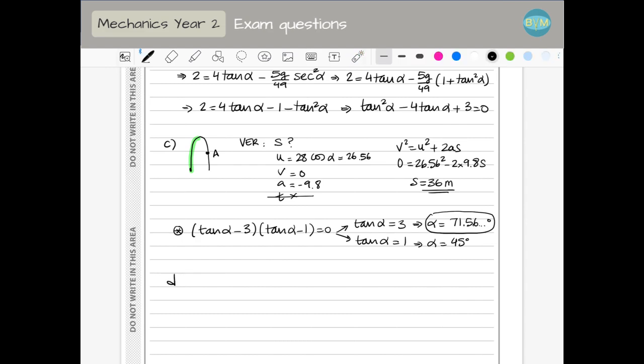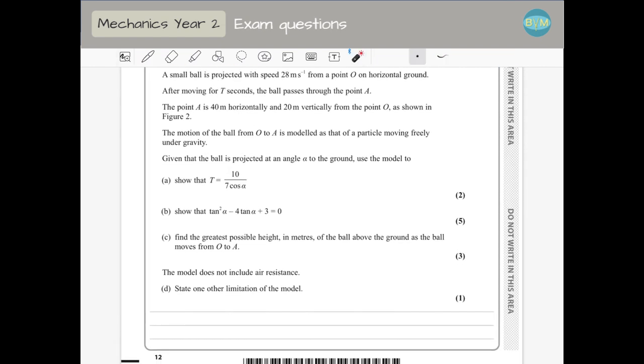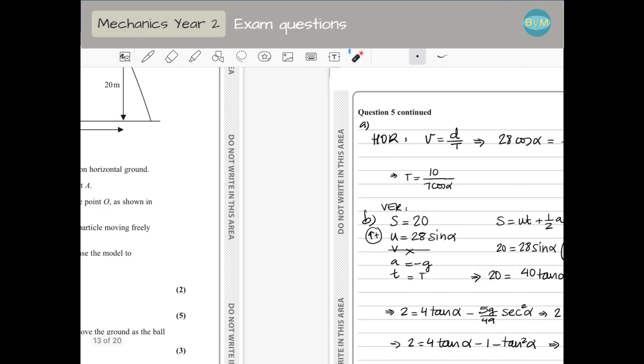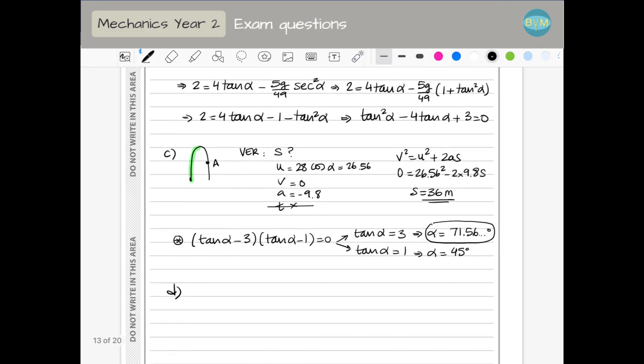And then last question that they ask is, the model does not include air resistance. State one other limitation of the model. It's just one mark, and things that you can comment are related to modeling the ball as a particle.